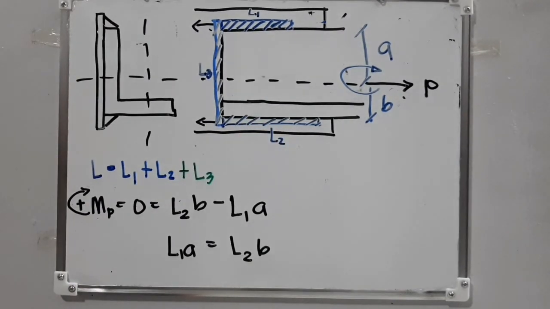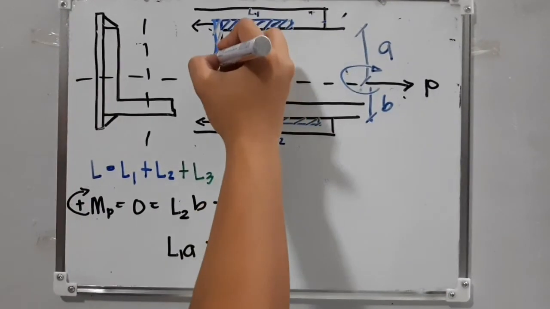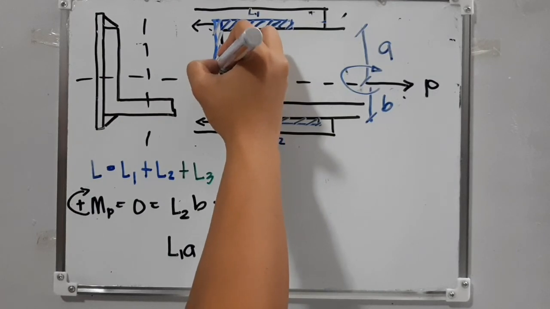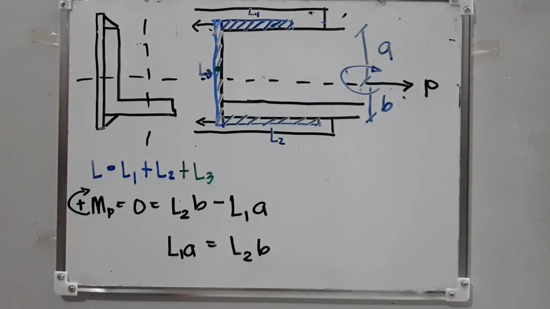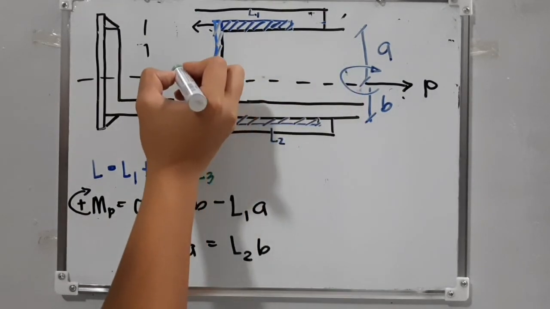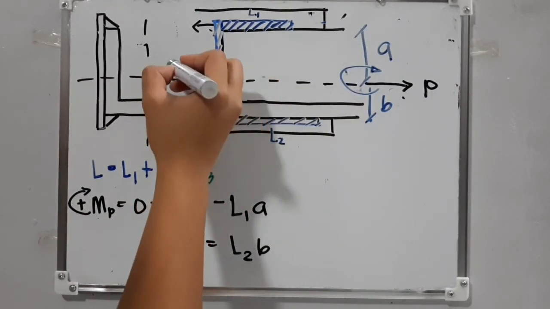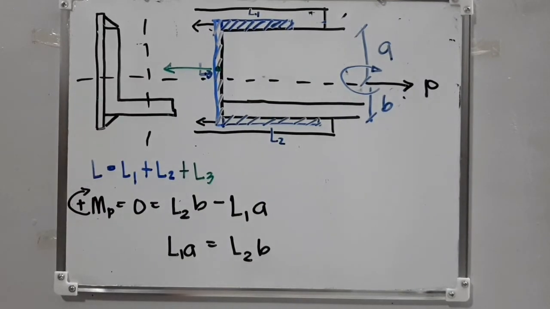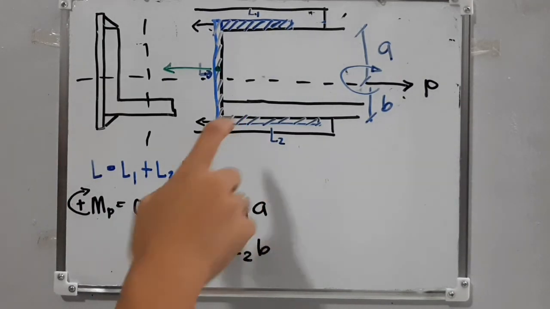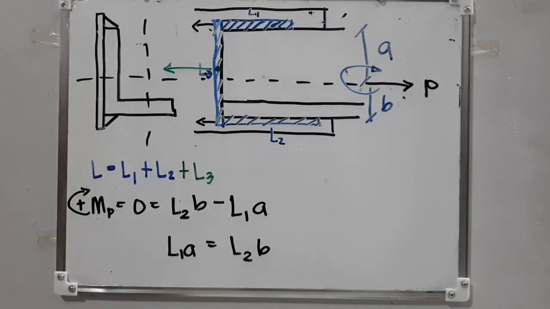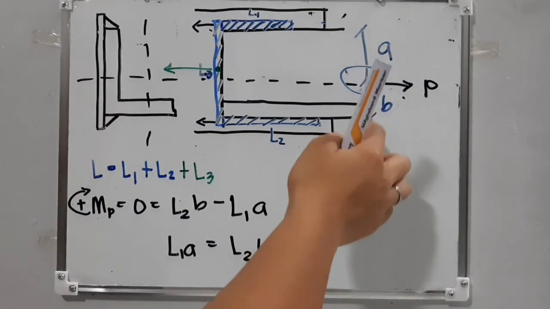But if you take your moment at P, yung ating force is located on the midspan of your L3, sa gitna yung resultant force of your L3. Dito siya nag-act. And also yung force naman ito, acting din siya in the center of L2. Kaya lang, siguro mga millimeters lang naman yan, so very minimal lang yung kanyang effect. So pwede na natin i-take na lang that is B times A.